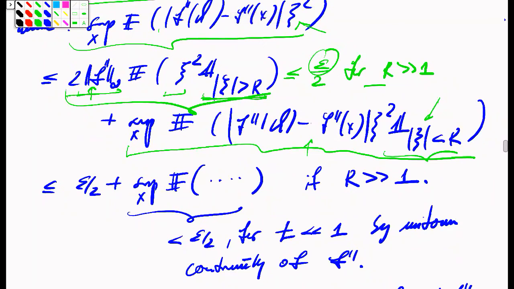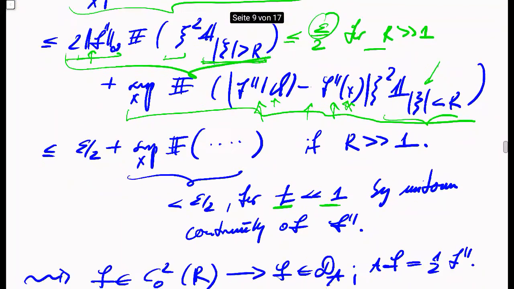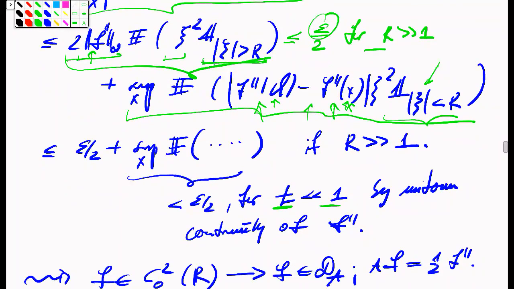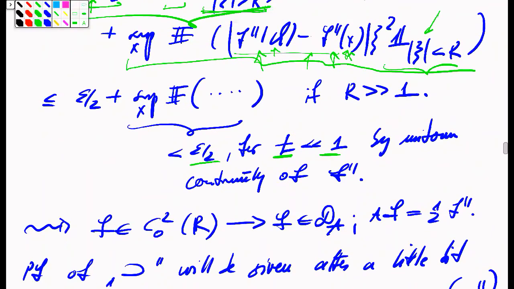But then the uniform continuity of the f double prime kicks in, which tells me that since psi is uniformly bounded, this theta variable cannot be further away than square root of t times r from the x variable, and hence if I choose t small enough in order to have a difference of evaluations here no bigger than, say, r squared times this r times some epsilon half, then I find that this number here on the right hand side by uniform continuity is less or equal than epsilon half.